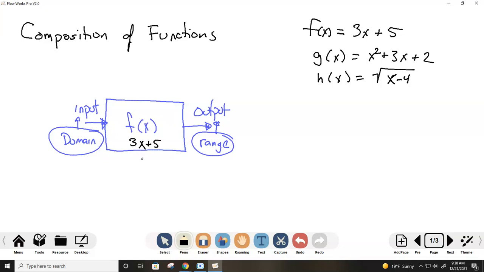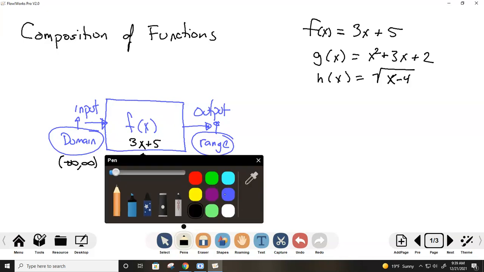Now, since this is a line in slope-intercept form, the domain is going to be all real numbers. Anything I plug in as the input can be any real number. The output is again going to be any real number. So I could get anything out of it.